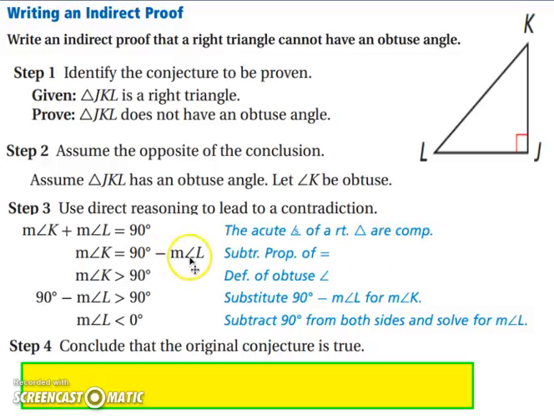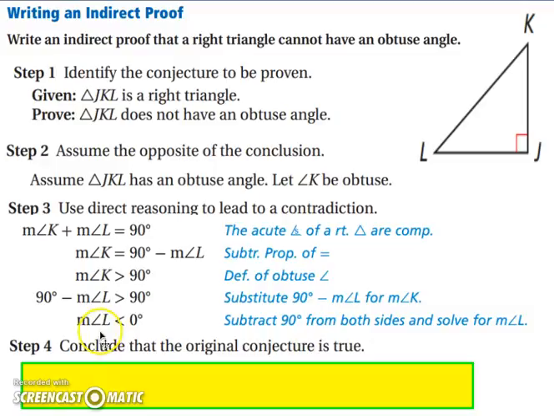So we're going to subtract the measure of angle L from both sides. Now we're going to use the idea that K is obtuse. That means it is more than 90. So that means 90 minus L has to be greater than 90. Therefore, the measure of angle L has to be smaller than 0 degrees.